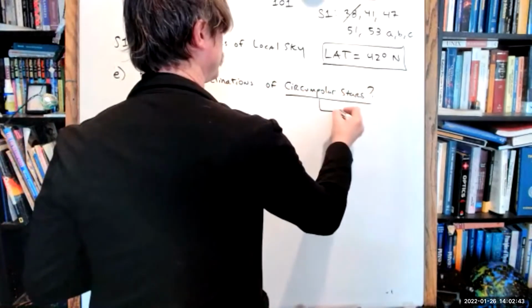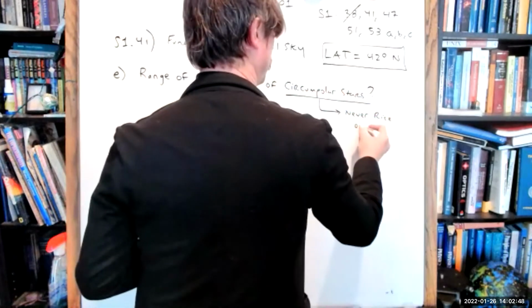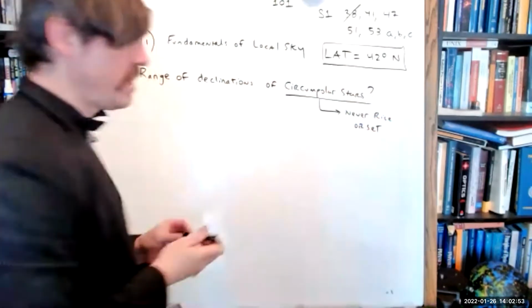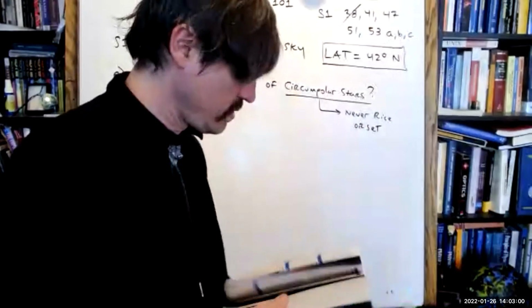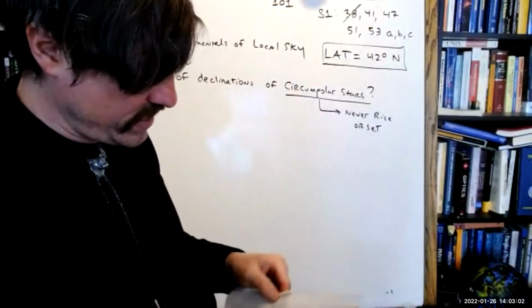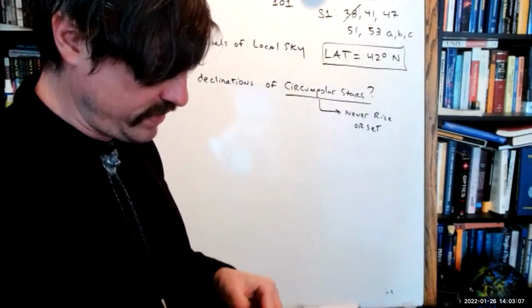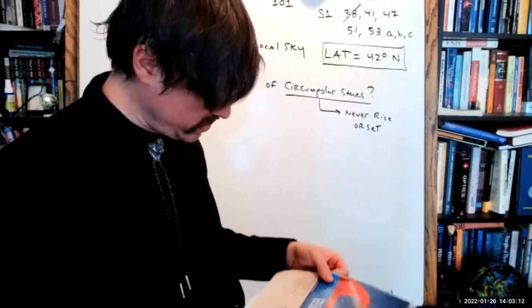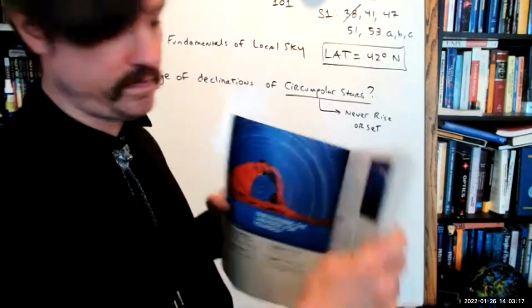Now, a definition of circumpolar stars is they never rise or set. And I want to show a picture from the book here. There's a picture on page 24 of your textbook that I think is really lovely, showing some circumpolar stars from Grand Arches National Monument.